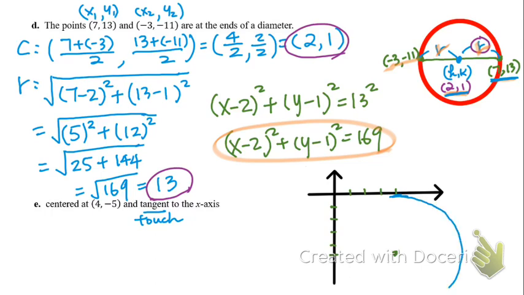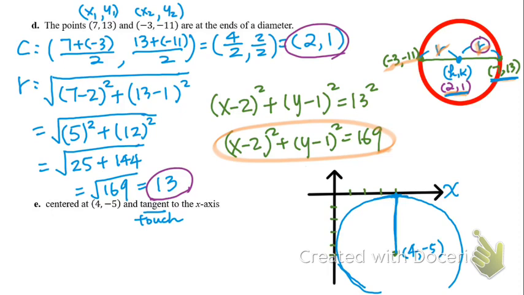My circle will be touching the x-axis. I don't think I'm going to be able to draw a very good circle, okay? Sorry about that. But this point right here is where the circle is going to be tangent. It's going to touch the x-axis. And the center is (4, -5). So what is this distance right here?